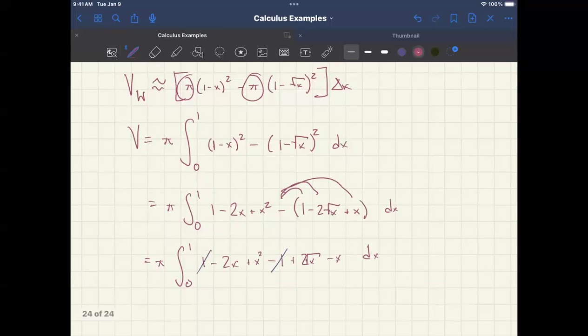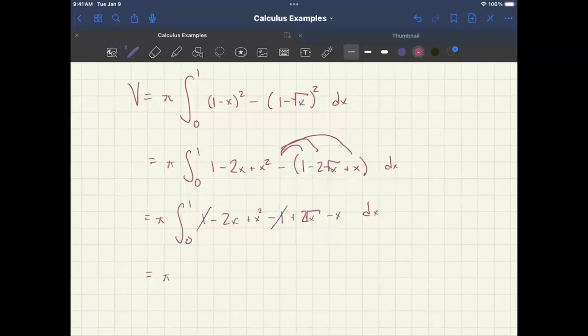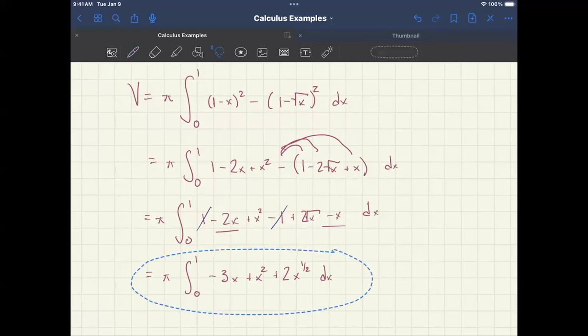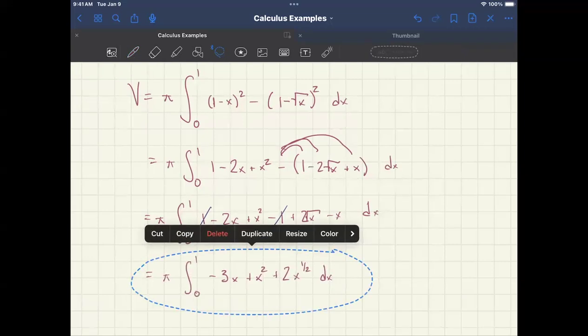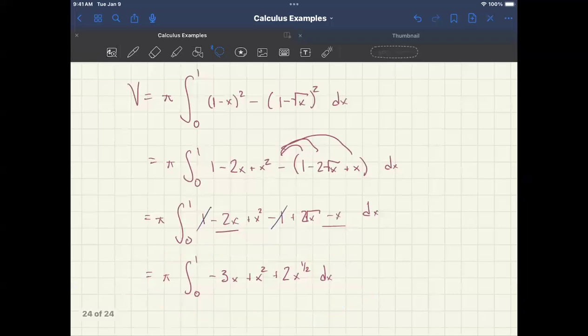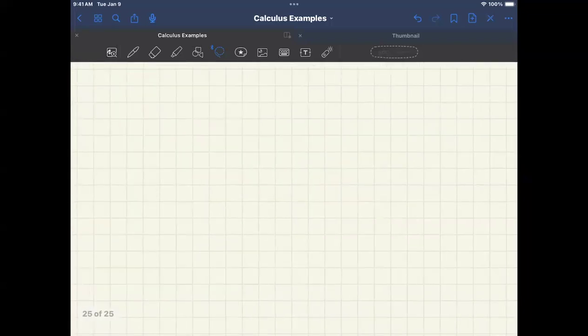Now we've got pi from 0 to 1, and we've got a negative 2x and a minus x, so minus 3x plus x squared plus 2 times x to the 1/2 dx. I turn the square root of x into x to the 1/2 because when we take the antiderivative, we know how to work with that very nicely.